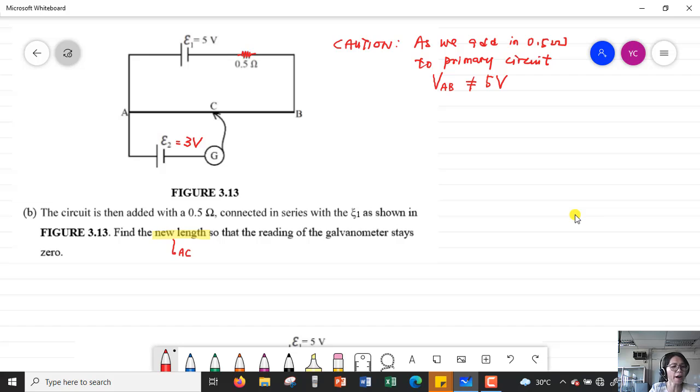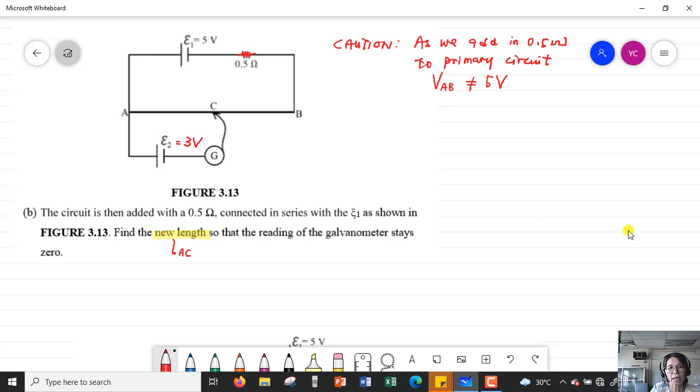It cannot be 5 volt anymore. That's why there is a changes of the voltage across the whole wire. So kita perlu dapat balik balance length yang baru lah untuk E2 kita sama dengan 3 volt.